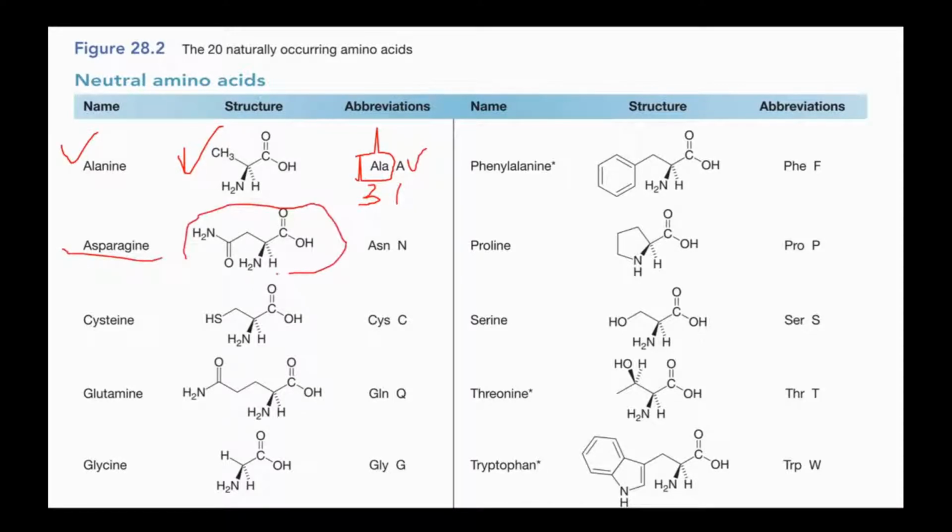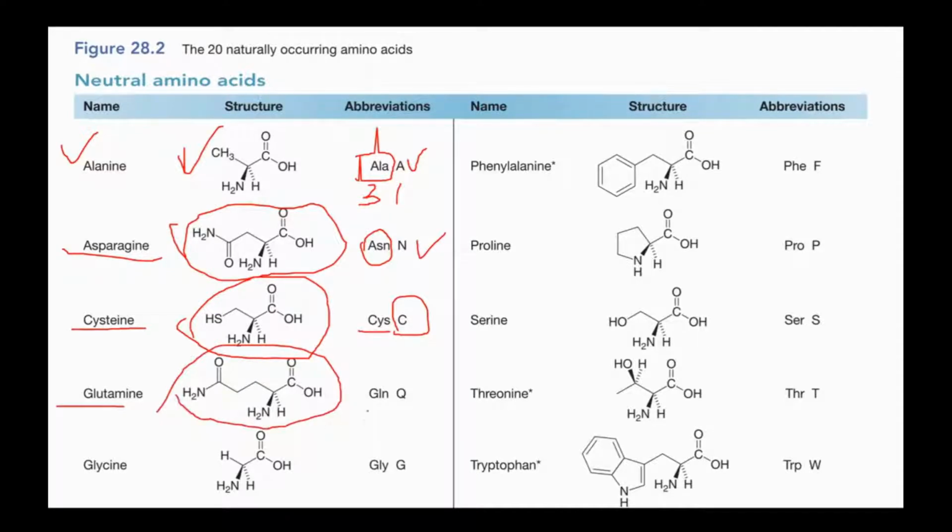The 3-letter code for asparagine is ASN, and the 1-letter code is N. Cysteine, this is the structure of cysteine, having the code CYS. This is the 1-letter code. Glutamine, GLN, that's the Q 1-letter code. Glycine, GLY, 1-letter code is G.